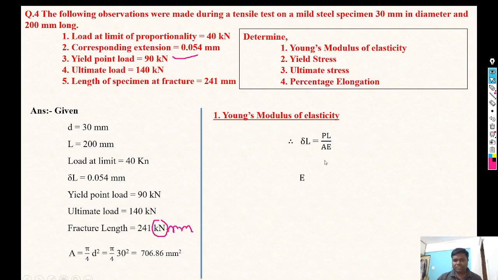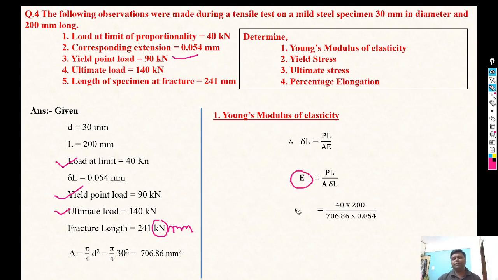Change in length equals PL by AE, whatever formula is there, just convert this formula in E, that is E equals PL by A delta L. So all values we have, but so many forces are given: load at limit, yield point load, and the ultimate load.